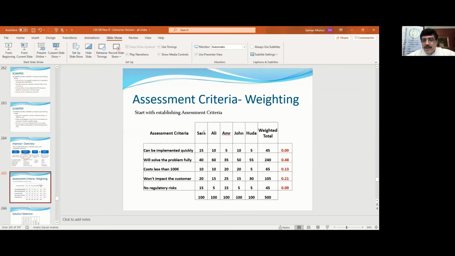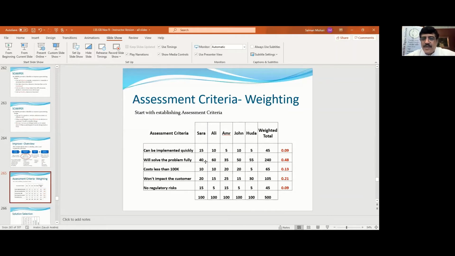Let's say you have your team: Sarah, Ali, Amr, John, Huda, whatever. And you say, okay, Sarah, you have 100 points. How much of these 100 points are you going to give to being completed quickly? She says, I don't think that's really very important. The most important thing is that it will solve the problem.